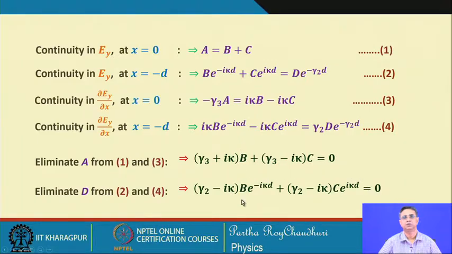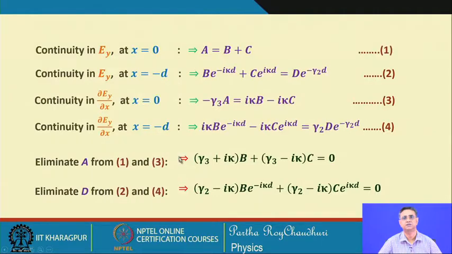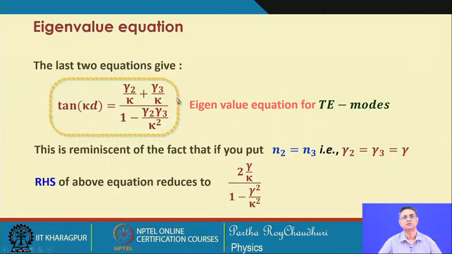So, we have two more equations, which are the outcomes of the set of 4 continuity conditions. In the last two equations, you have C, you have B, and B will give you this condition. A simple algebraic calculation will give you this.